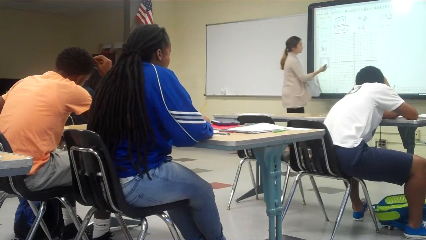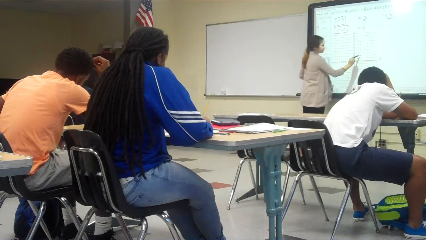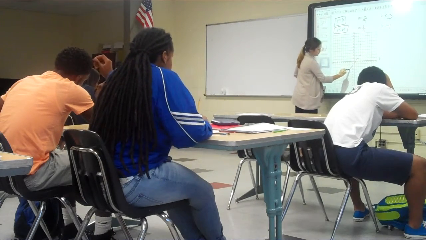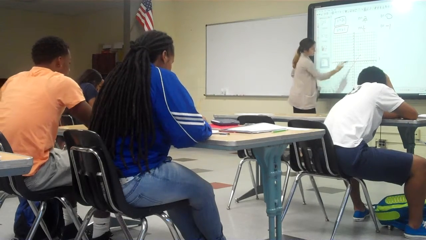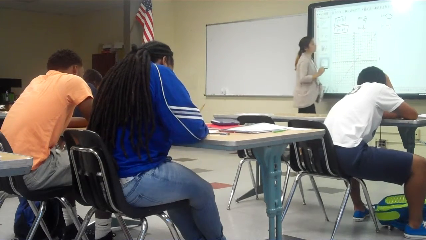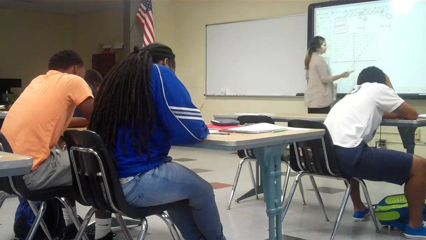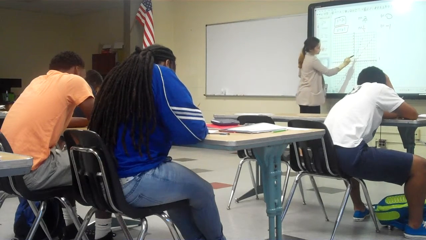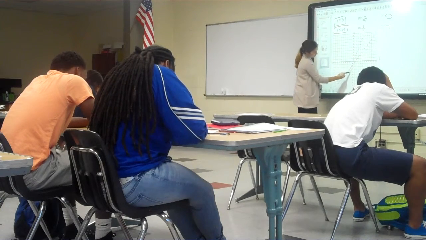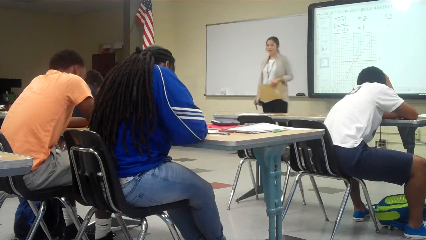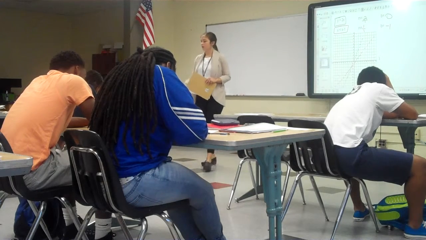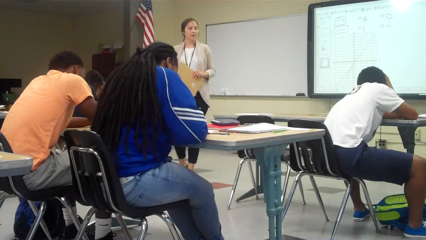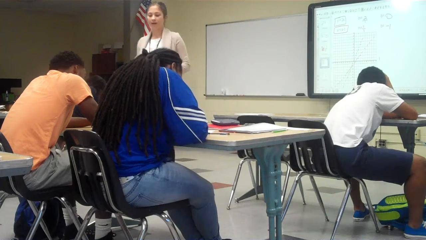Okay, you guys following along on your page. Make sure those lines are dashed. Okay. When we have a less than or a greater than, we're going to make a dashed line.